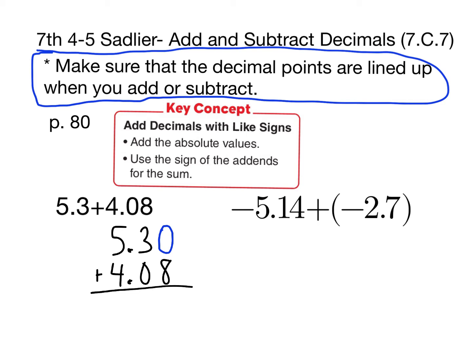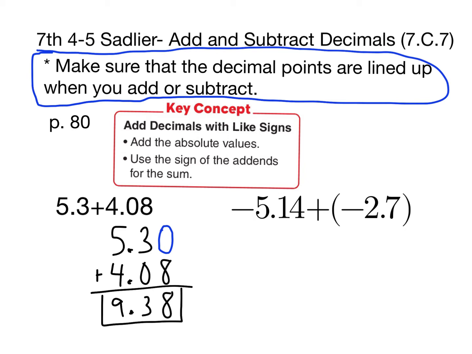With adding, we always start with our smallest place value position. So 0 plus 8 is 8, 3 plus 0 is 3, and 5 plus 4 is 9. So our answer would be 9 and 38 hundredths. That problem that I mentioned that this is similar to, that would be an estimate for us. We could have estimated this to be 5 plus 4, which is 9. Our answer is pretty close to 9, so that's a good thing.